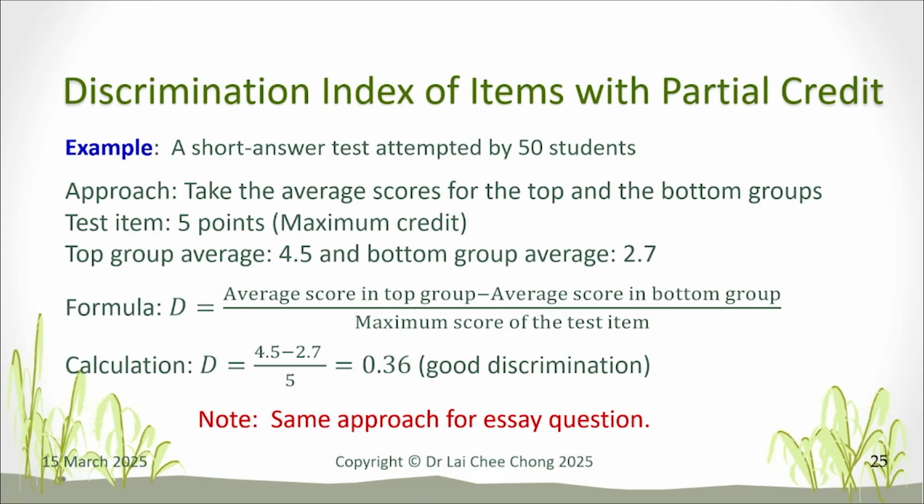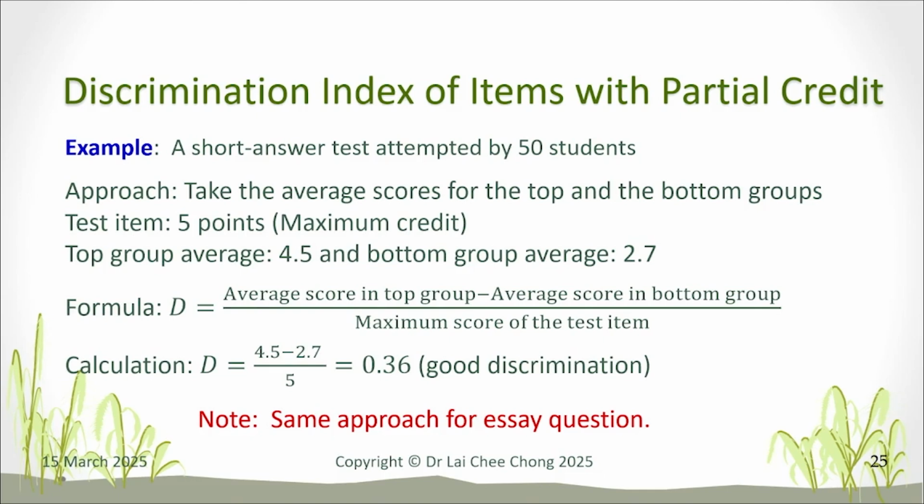Fair enough? Again, you take the average score of the top group minus the average score of the bottom group. You do a division there, divided by the maximum score of the test item. In this case, it's 5. Am I right? It's 5. So you find the difference here, and you get this one here, which is considered a good discrimination here. You can really tell the difference between the top and the bottom group here.